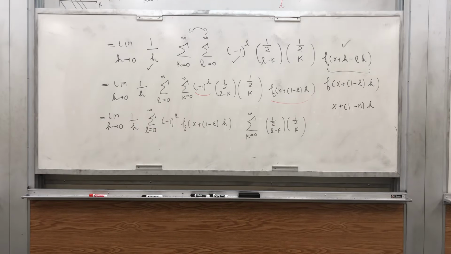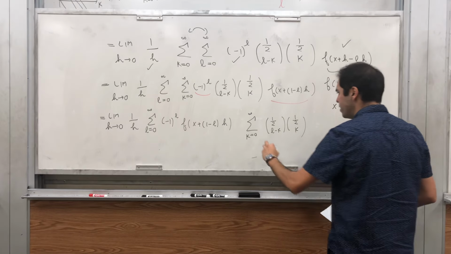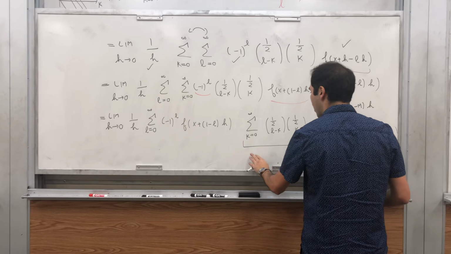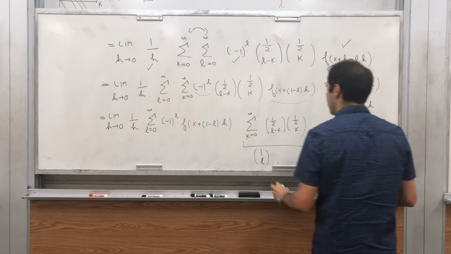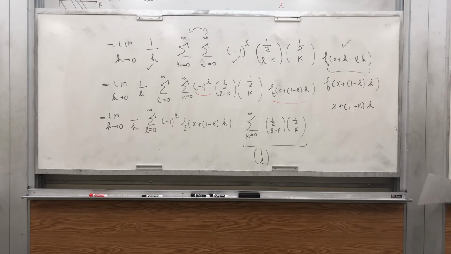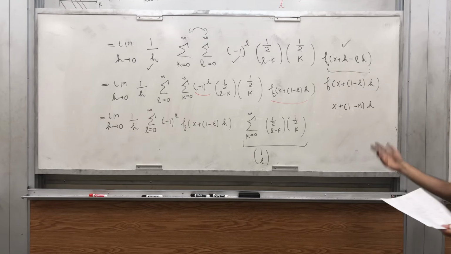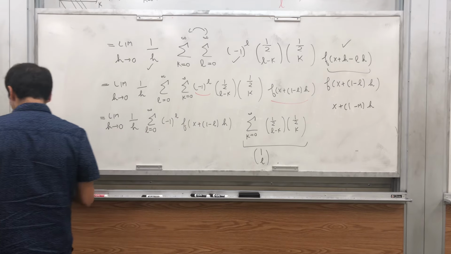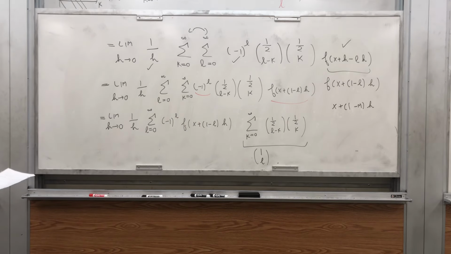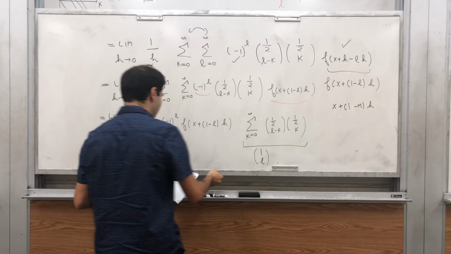And look, we are almost done. In order to show this is the derivative, all we need to show is that somehow this equals 1 choose L. Because I believe that's the definition of the derivative in terms of our Leibniz formula. Let's show this. So basically, the only thing left is as follows.